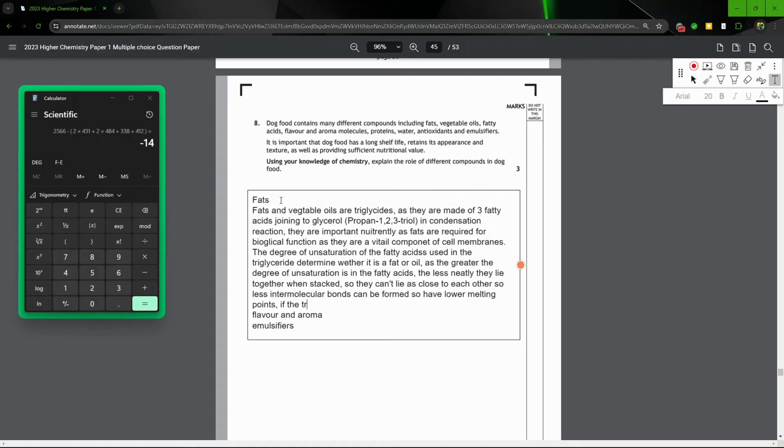If the triglyceride is a solid at room temperature, then it is a fat, but if it is liquid, then it is an oil.